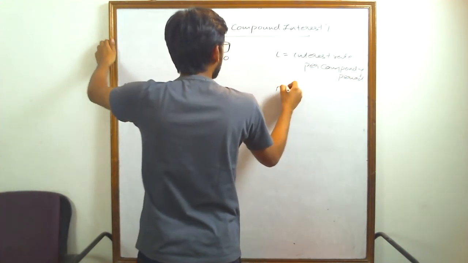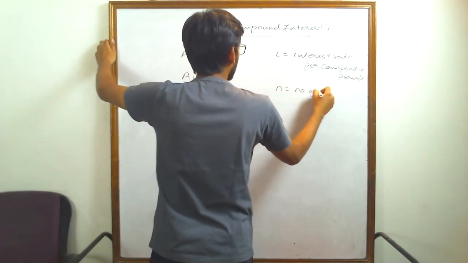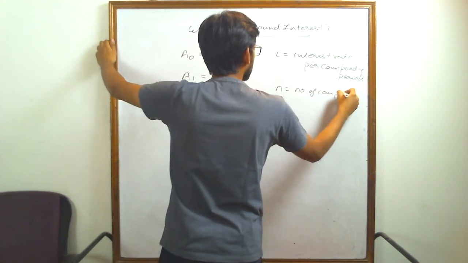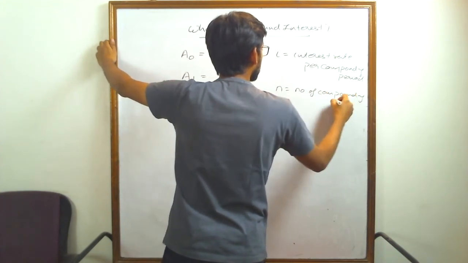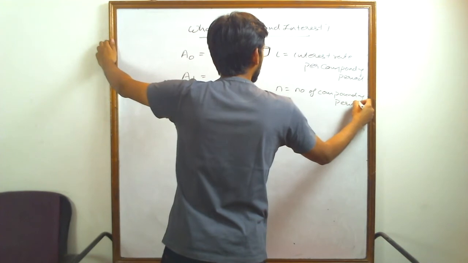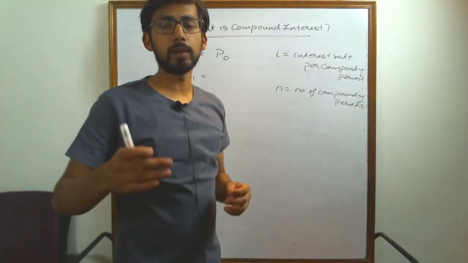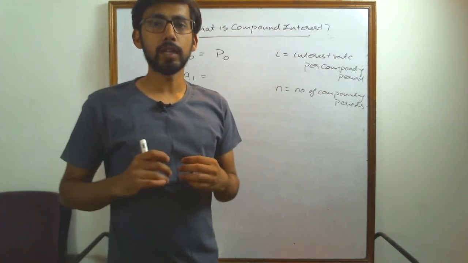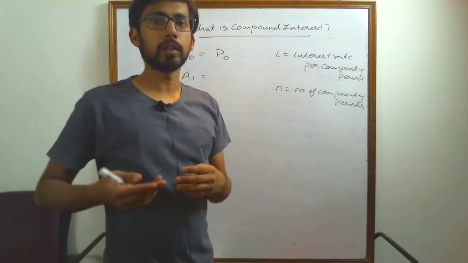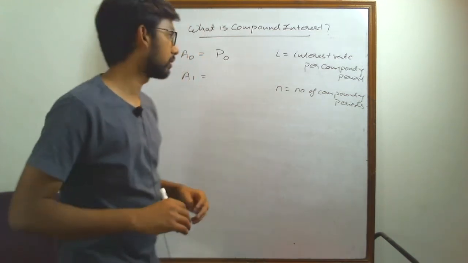And N is equal to the number of compounding periods. Compounding periods means that this is the period after which the interest is being paid to me. That means after every compounding period, interest is added into my account.